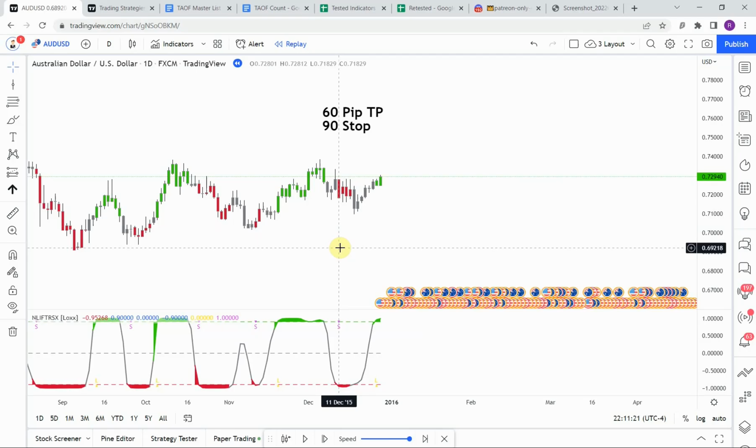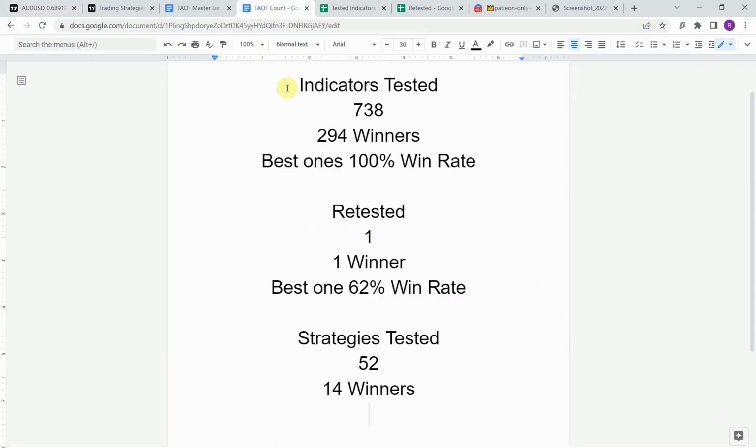Alright, as I said, today we will be testing the no lag inverse Fisher transform of the RSX. Before we do though, I wanted to put the testing scoreboard up for everyone to see. To date, we have tested a total of 51 different strategies, with 14 of them being profitable. We've also tested a total of 738 indicators, with 294 of them being winners.